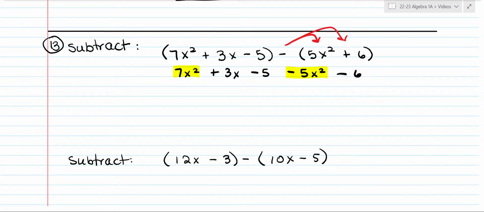Those are x squareds. 3x, notice that that's the only 3x that we have. And then the constants. So 7 minus 5 is 2, so this is 2x squared plus 3x, and then minus 5 plus minus 6 is minus 11.